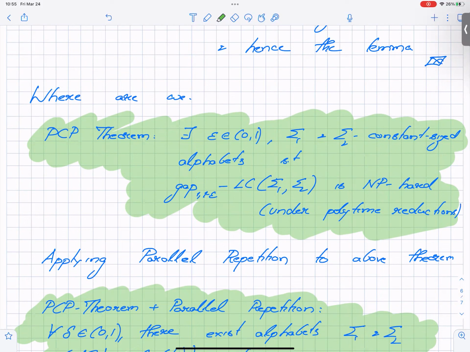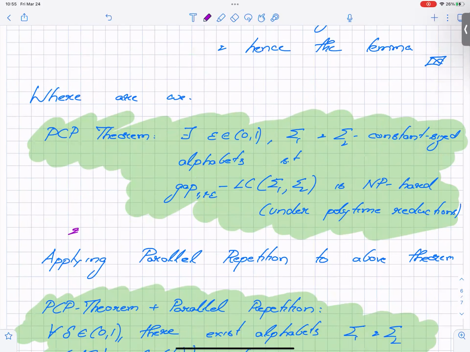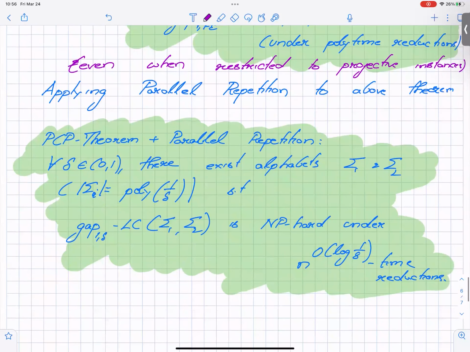So this is also true, and furthermore, even when restricted to projective instances. And this will be important for us in the next part. And the same thing is true for unique games, which means it's projective with respect to both directions.